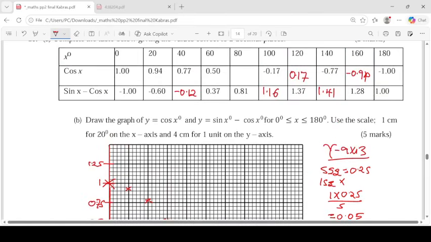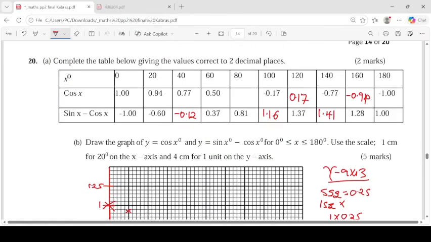80. I did not fill for 80. Seems I had omitted that. Let me get the cos of 80. Cos 80 should be 0.17. I think I skipped cos 120. Cos 120 should be negative 0.5.